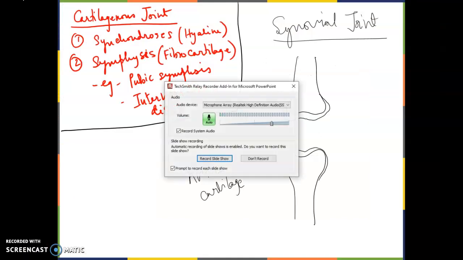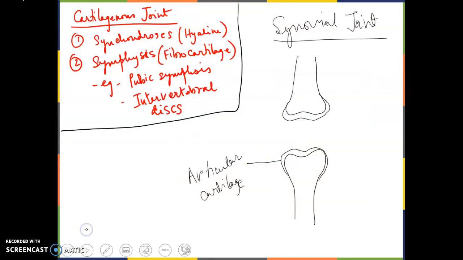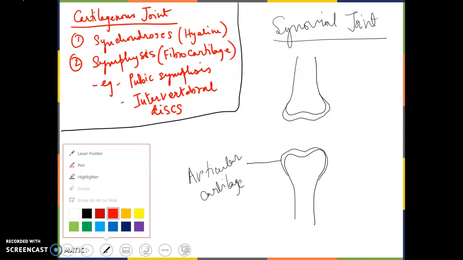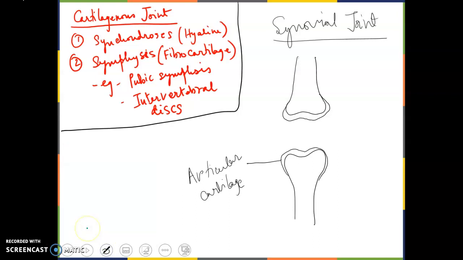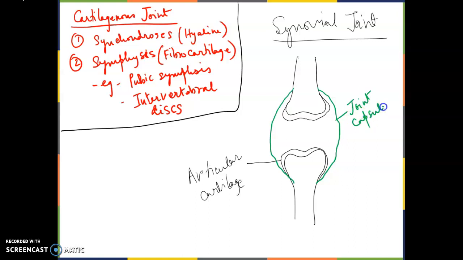Okay. So this structure is called joint capsule. So there is a joint capsule. So this is the joint capsule. And right here, this is the joint capsule.